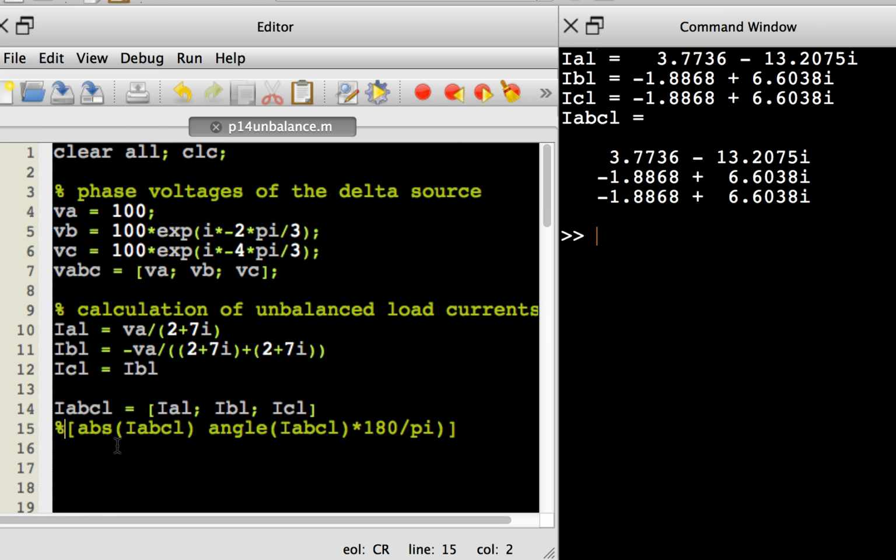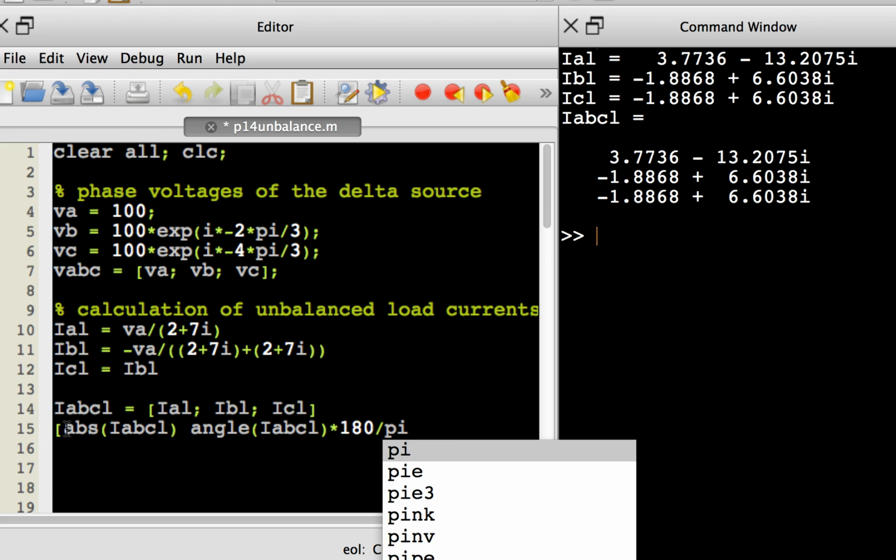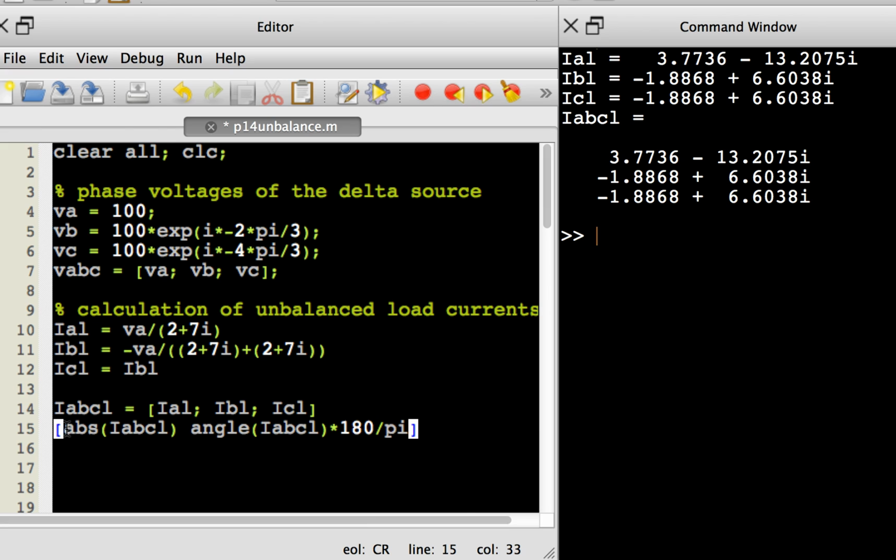Okay, so three currents are being formed. So I think the problem is in line 15, IABCL. Okay, so this closing bracket was a problem. So here the bracket should be a square bracket. Yeah.